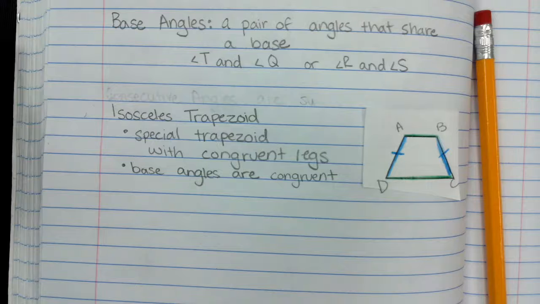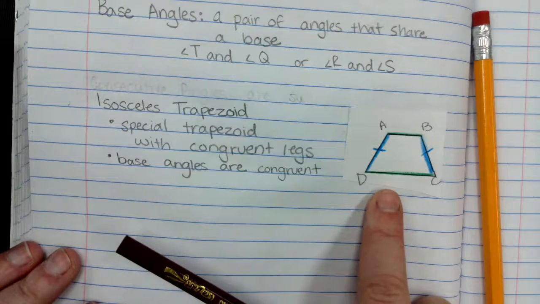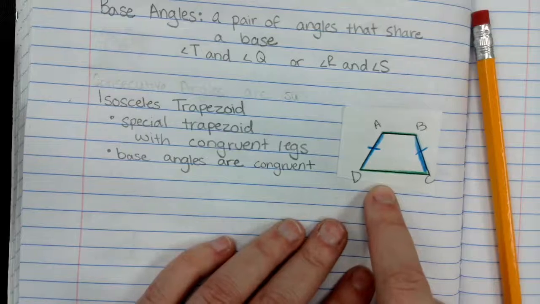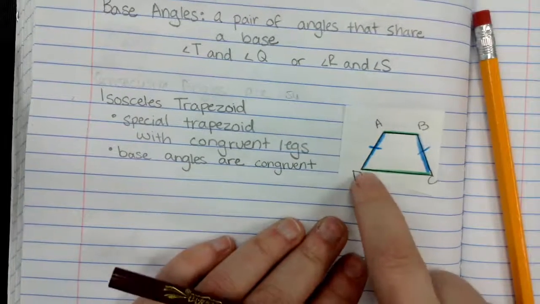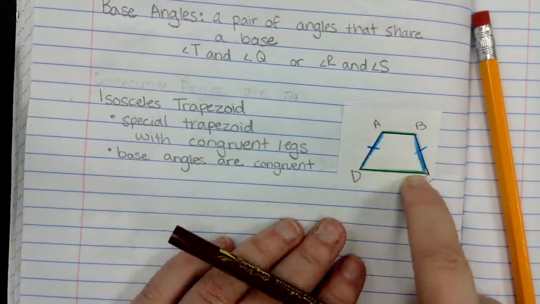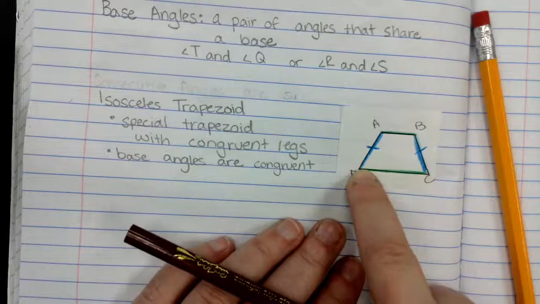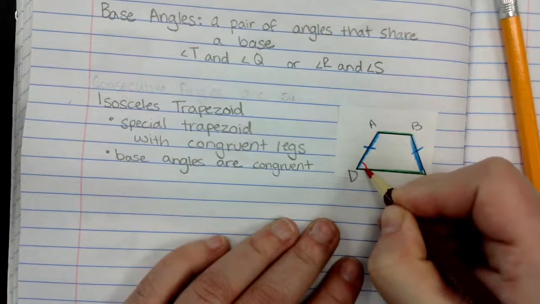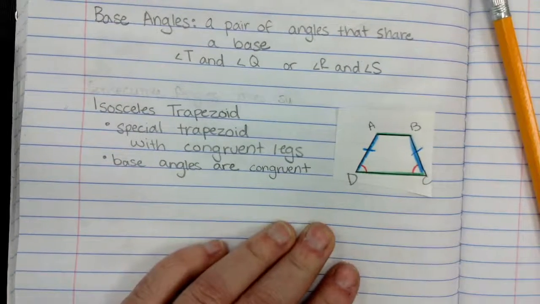On the drawing, which color are we using for the bases? The green. Okay. So you're going to look at the angles that connect on a green line. So with DC, what angles are there on DC? Yep. D and C, and those are going to be congruent. Those are equal to each other in an isosceles triangle. I'm sorry, isosceles trapezoid.